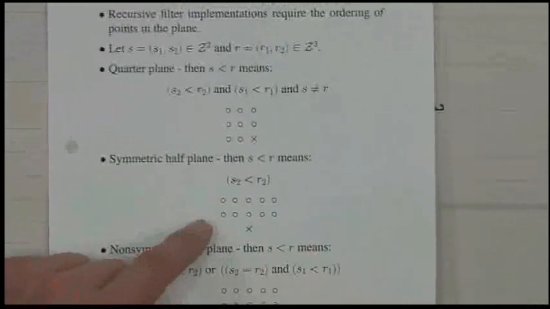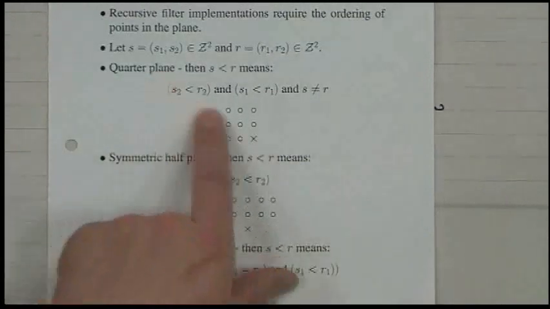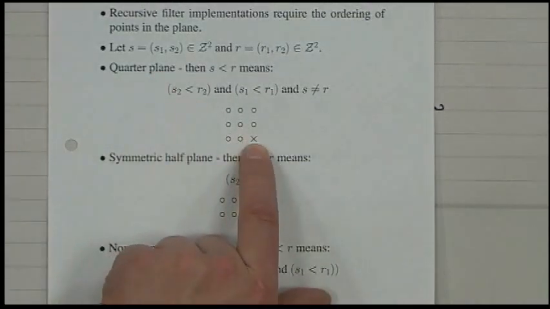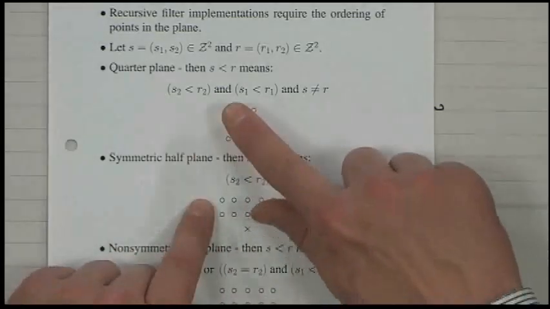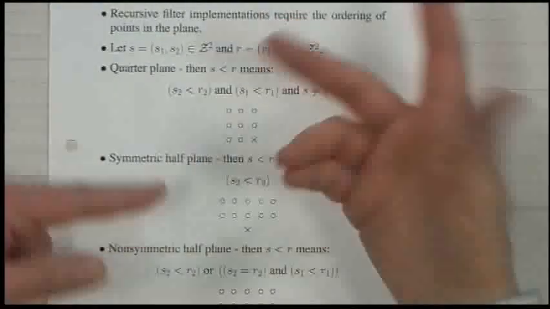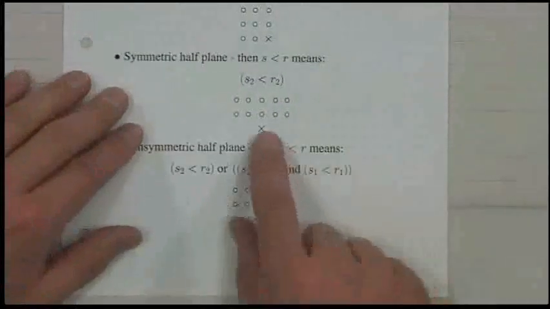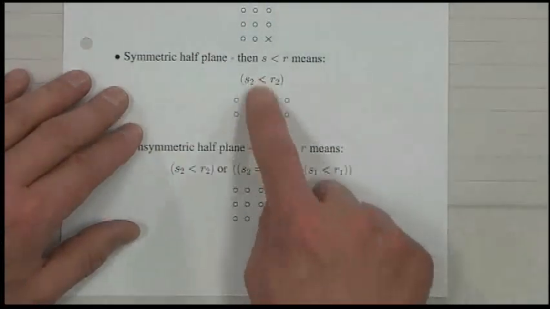But in any case, just to introduce you to some of the thoughts, one way of trying to solve this problem is to order the points in a 1D way. You can have a quarter plane, so you can make each point only dependent upon a quarter plane. In this case, you have to decide which quarter plane. Is it going to be this? Is it going to be this? Is it going to be this or this? There's 4 possibilities, right? Then you can make it half plane ordering, so this point only depends upon the points that were in previous rows.